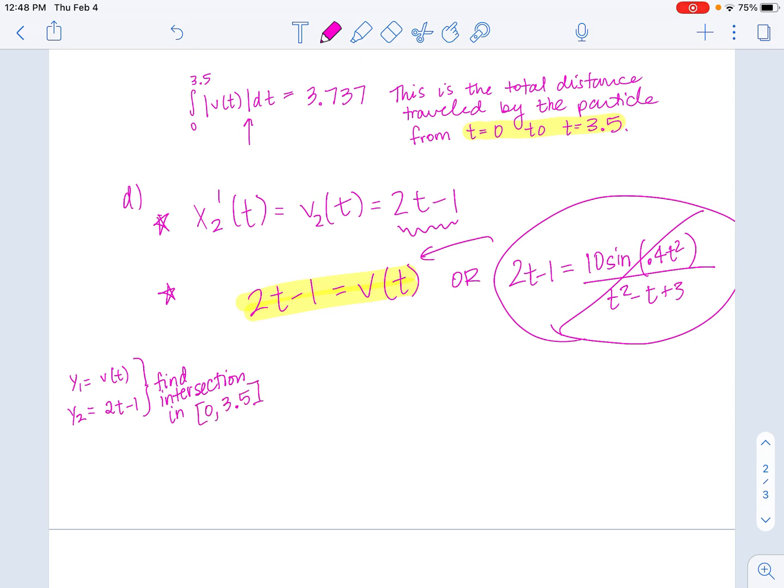So you're going to need to manipulate your window a little bit to just see the x value 0 to 3.5. You could try a zoom trig window because there's sine in the original v function, and then manipulate your y-axis based on how much you see or if you see an intersection at all.